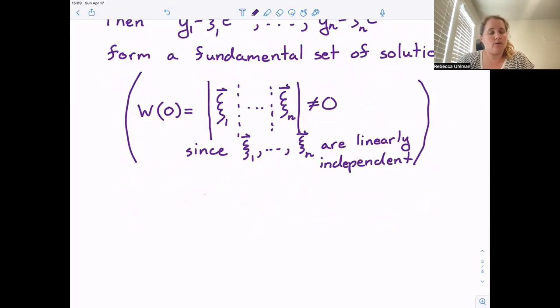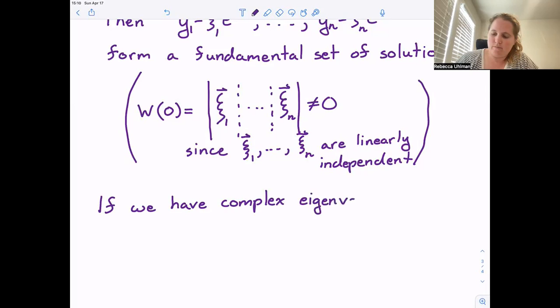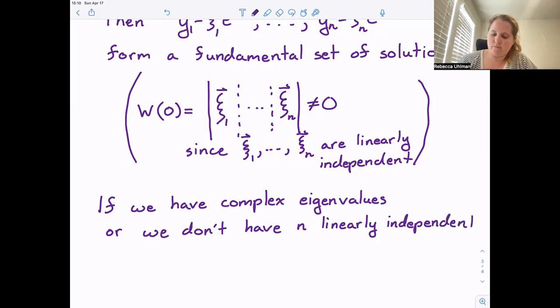If we do not have all real values, or if we do not have n linearly independent eigenvectors, we get different cases. So if we have complex eigenvalues, or we don't have n linearly independent eigenvectors, things get a little more complicated.